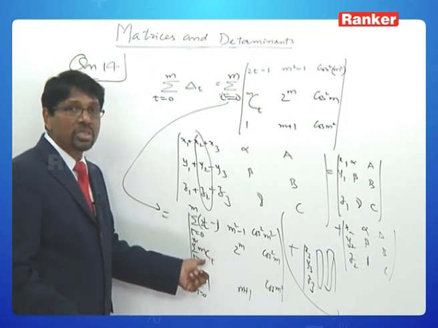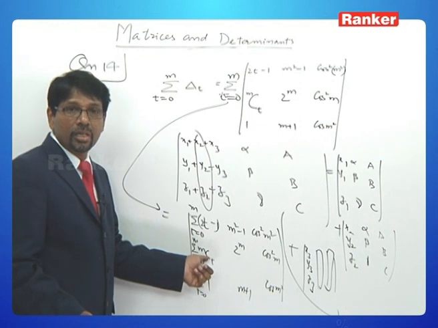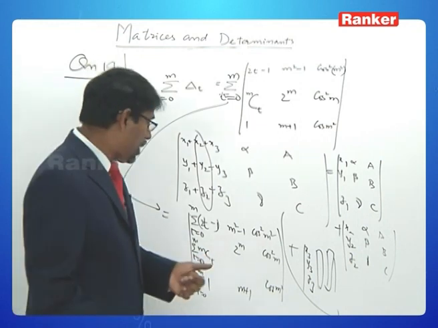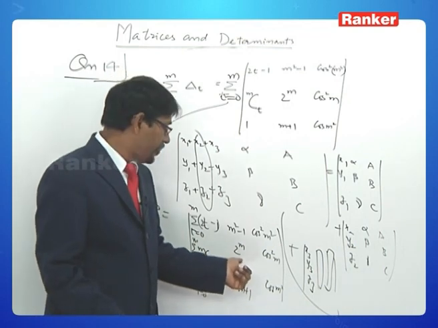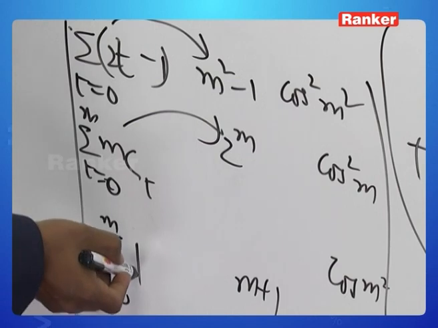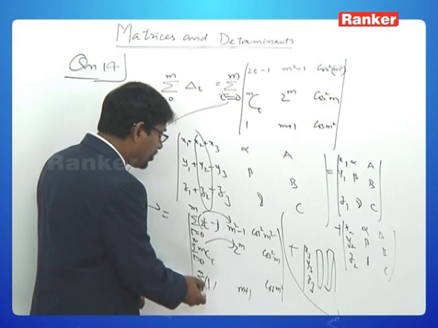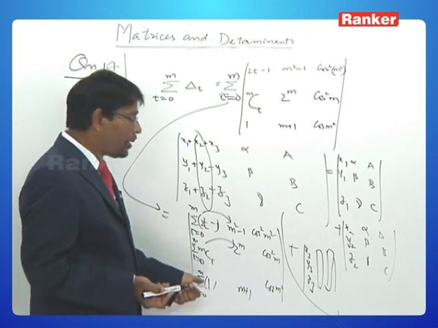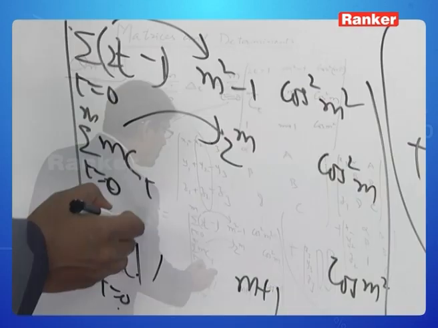What about sigma mct? This is the sum of the binomial coefficients in the expansion of 1 plus x power m, and what is that equal to? 2 power m there. So these two are matching, these two are matching. What about this? Sigma 1 added up how many times? t ranging from 0 to m. That means m plus 1 times as 1 is being added up, that is matching with this.